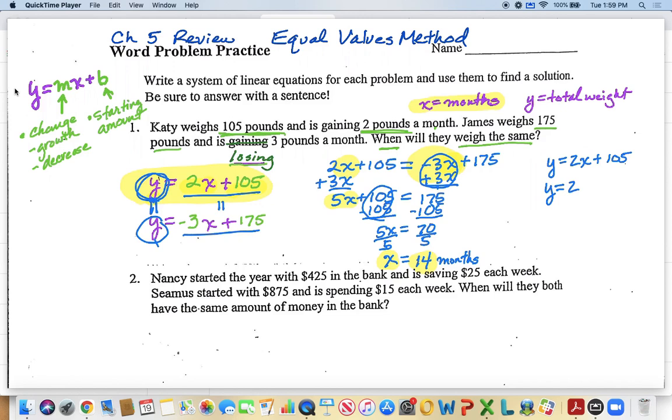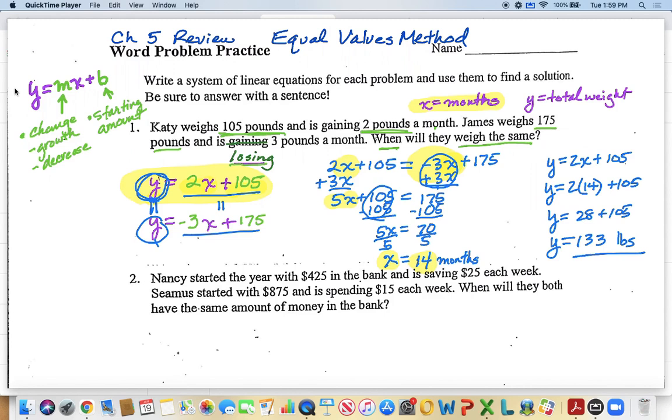So y equals 2 times 14 plus 105. And that is equal to 28 plus 105. And that is going to be equal to 133. So 133 pounds.